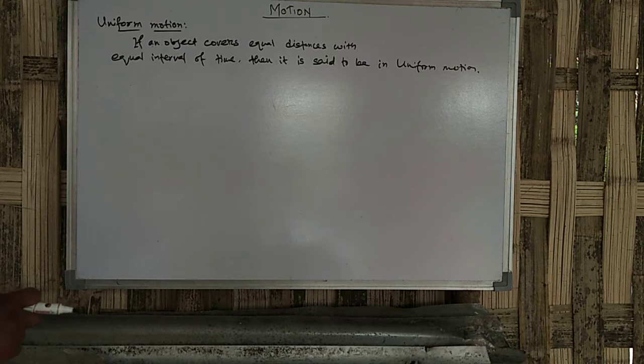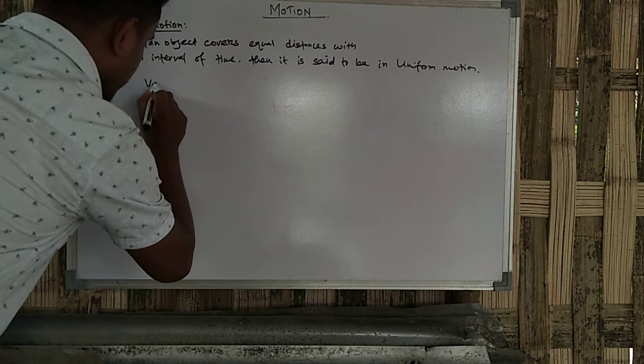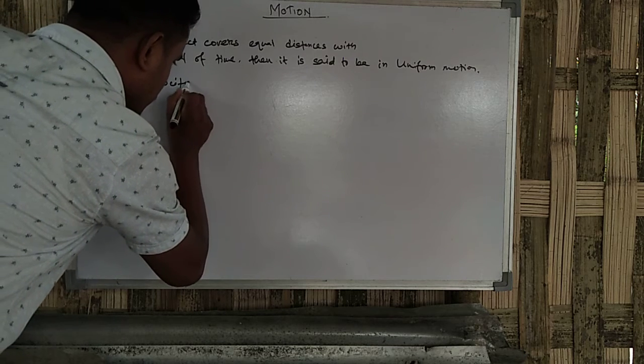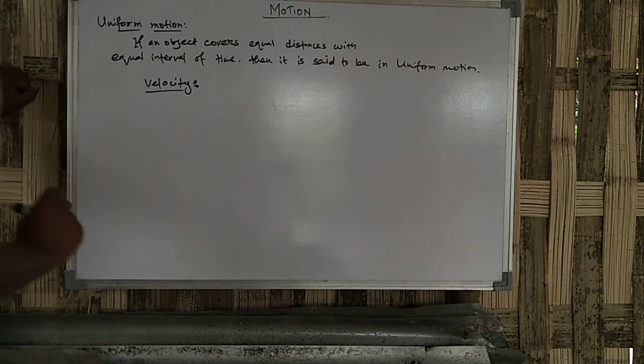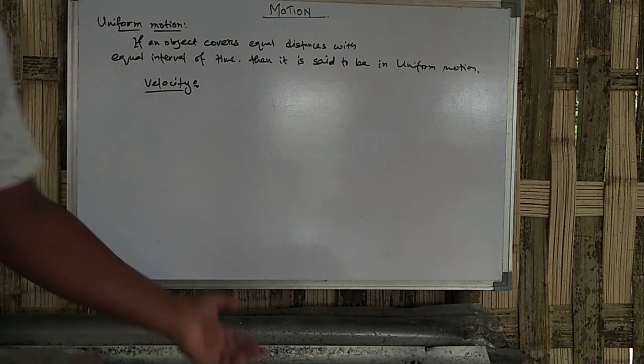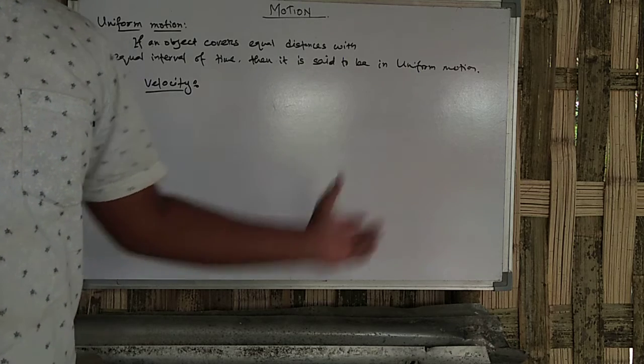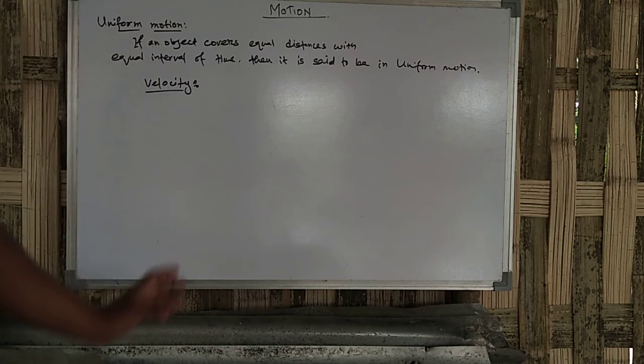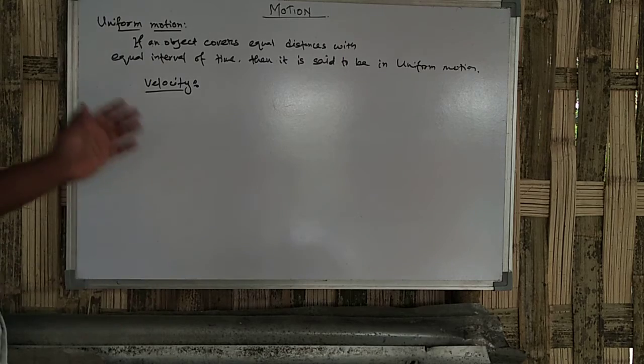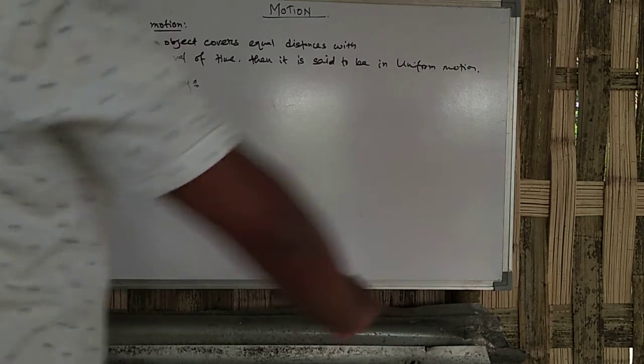So next one is velocity. We have learned in the previous class what is displacement. Displacement means the shortest distance between 2 points is said to be displacement of an object. Now velocity means rate of change of displacement.